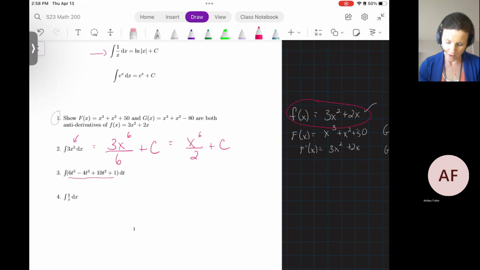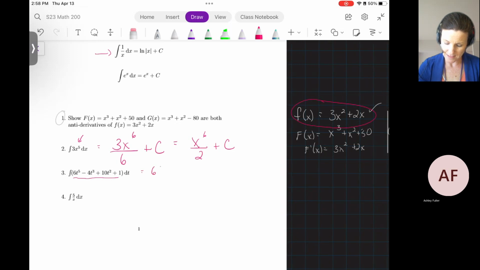When we have multiple parts to a polynomial like this, we integrate each one separately. This gives us a value of 6t to the 6 over 6 minus 4t to the 4th over 4 plus 10t cubed over 3 plus, don't forget, this is not 0.